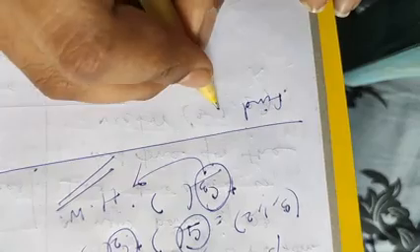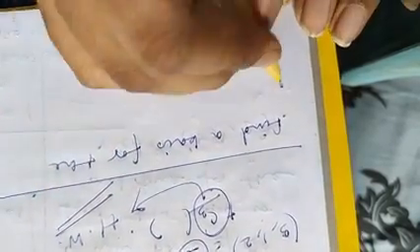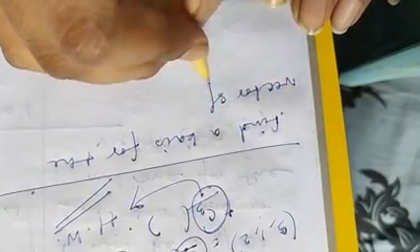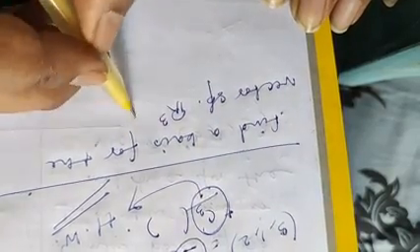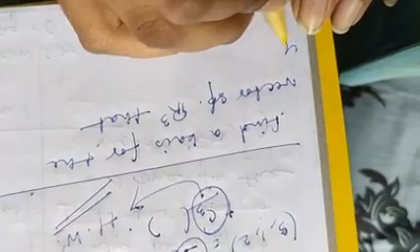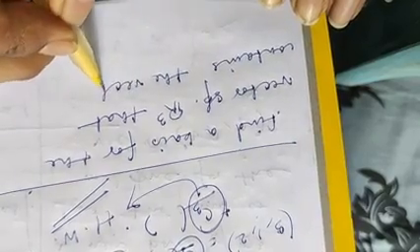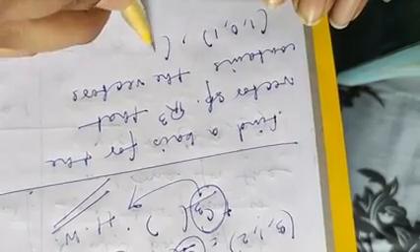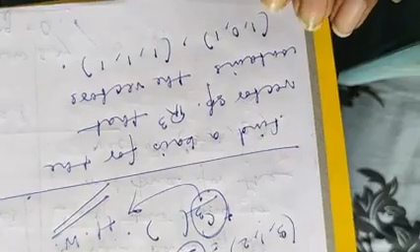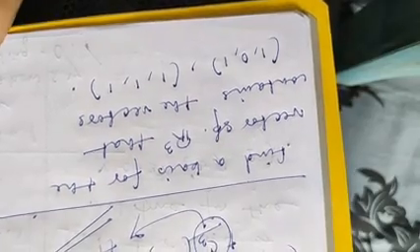The example is: find a basis for the vector space R cube that contains the vectors 101 and 111.